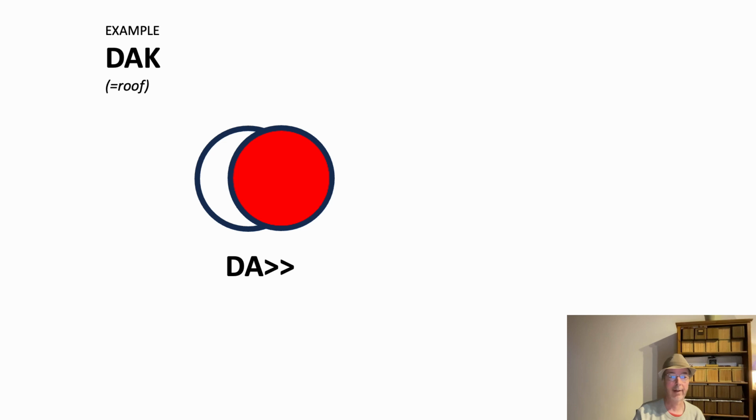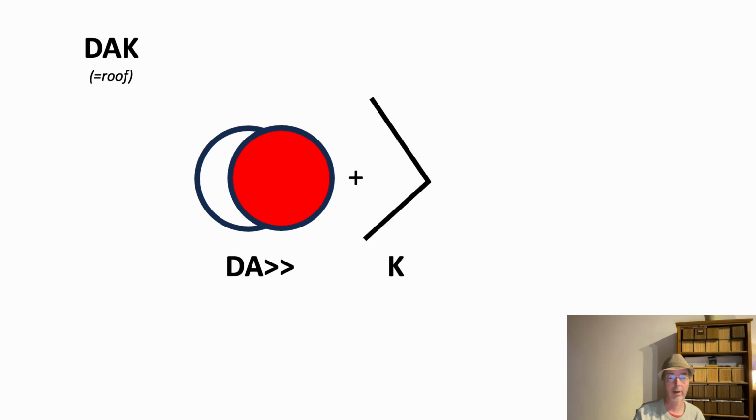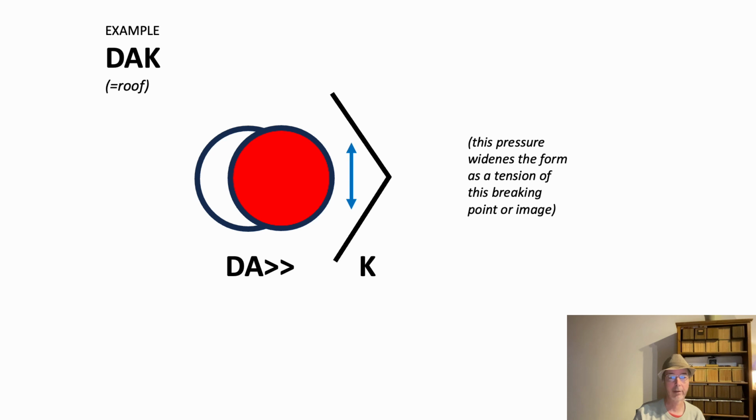We know already that the D is the pressure towards a form. And we have to combine it with K, so it can be a kind of breaching point. So this pressure breaks this breaching point, or image, that has this inner pressure to break open a little bit wider, so it changes the form a little bit, because there's a pressure that will extend its limits.